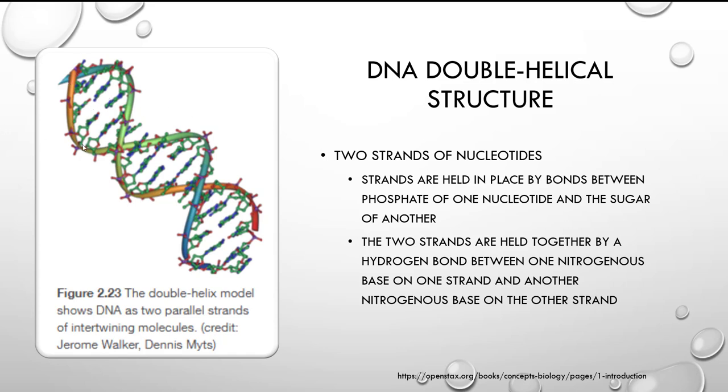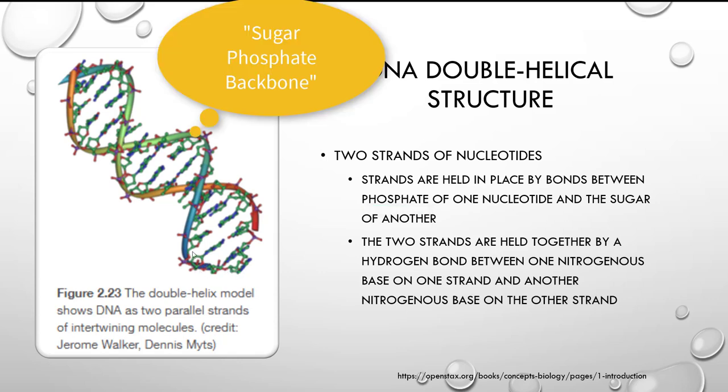If we look at each strand, one strand is made up of a backbone, and that backbone is made up of the bond between one nucleotide's sugar and another nucleotide's phosphate. So we call this backbone the sugar phosphate backbone.